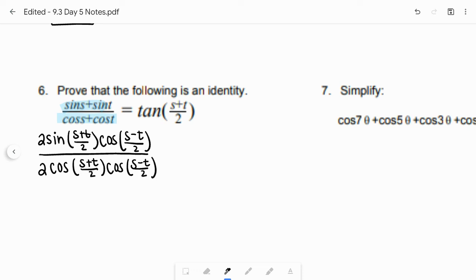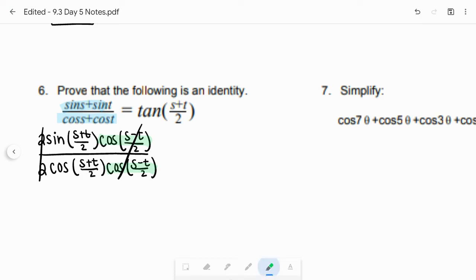Okay, now if we notice here, I have cosine of (s minus t) divided by 2 in both, so I can have those cancel out since we're using multiplication. And then my 2's in the front are going to cancel out.